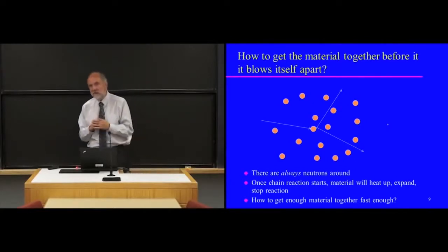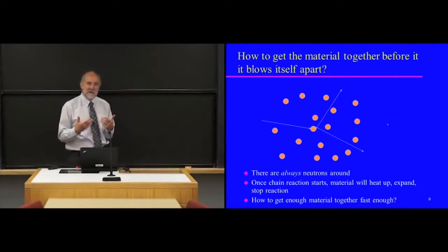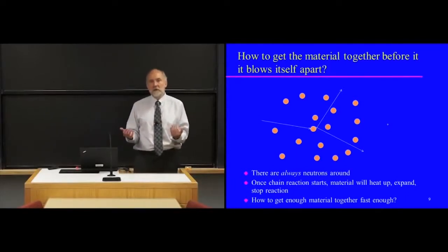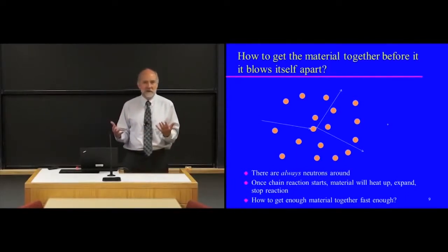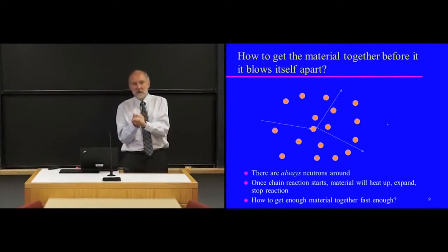Because one of the key things to understand about these materials is that sometimes they fission by themselves, what's called spontaneous fission, and they release neutrons. So there are always some neutrons around. So you can't just have your nuclear material sitting in a supercritical form because it's going to start going off.